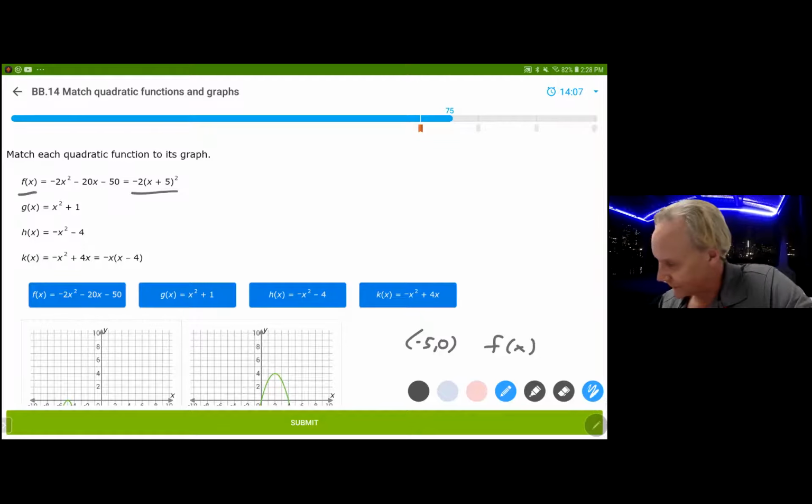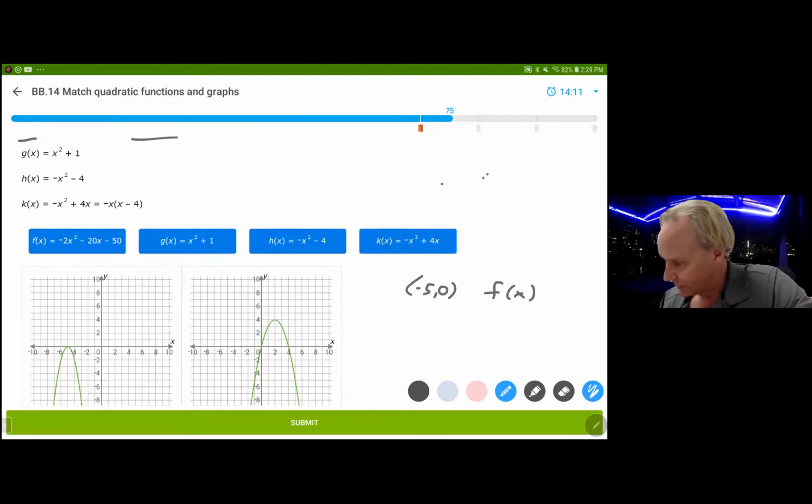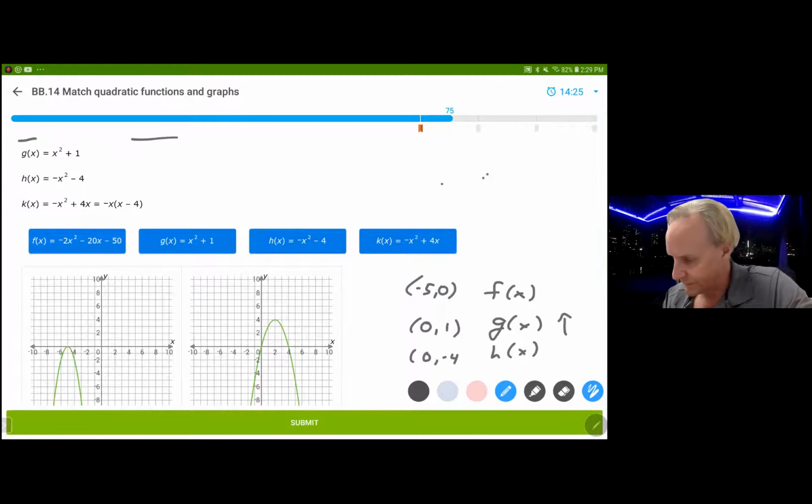The g of x, move it up just a little bit, g of x has a vertex at 0, 1, and it's going up. It's a standard parabola. H of x has a vertex at 0, negative 4. See, take a look. And it's going down.